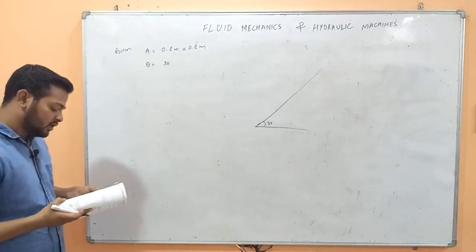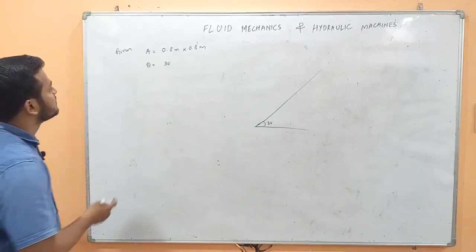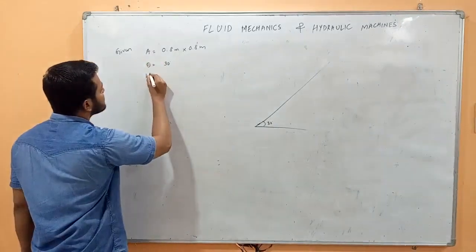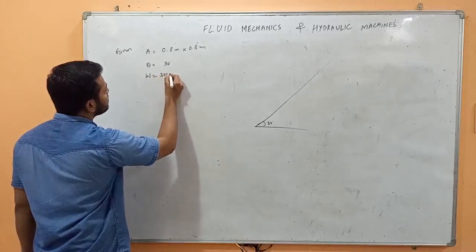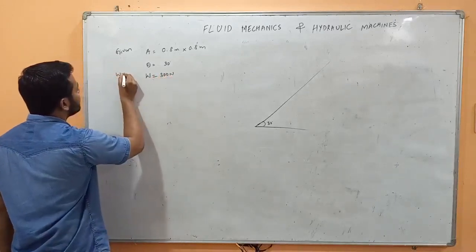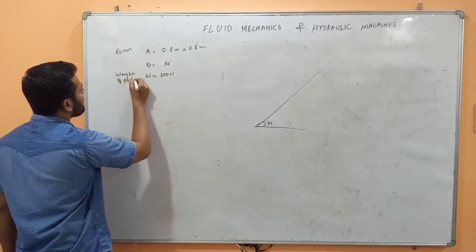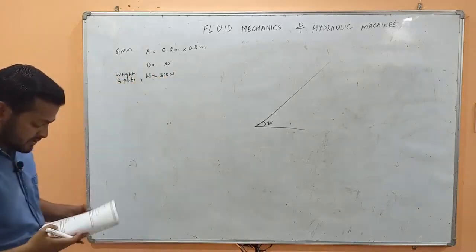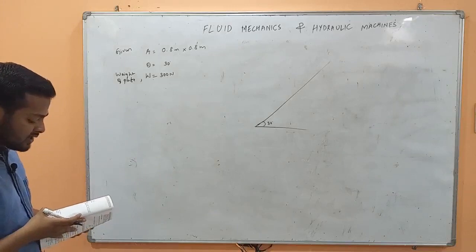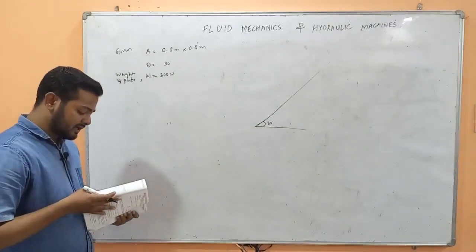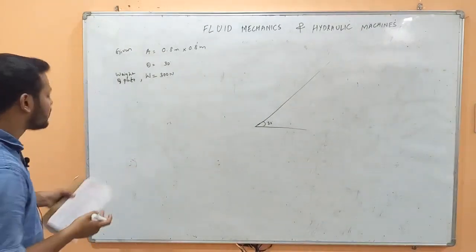Okay, the weight of the plate is 300 newtons. So this is the weight of the plate. Next, it slides down the inclined plane with a uniform velocity of 0.3 meter per second.